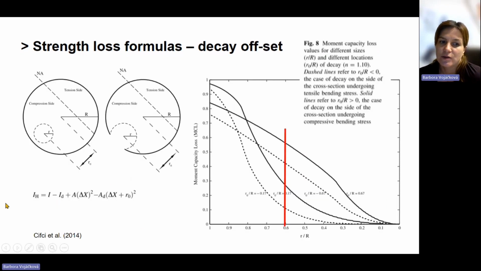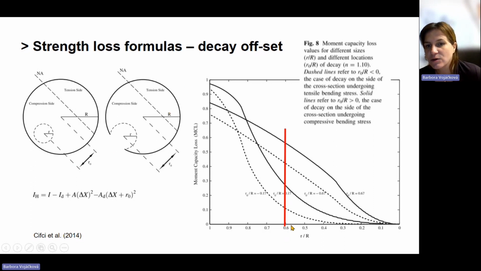So this work was continued by Swiftly, and he was calculating with the offset of the cavity. And here you can see again just a few results, where I again have 60% cavity in the stem, but I am moving the cavity to the side.